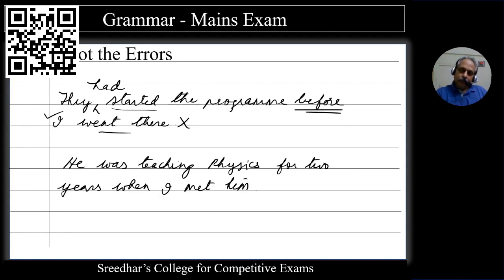I met him, that goes into the past. And here the clue for you, the time period. For 2 years. Whenever we mention the time period, remember we should not use past continuous. We have to use past perfect continuous. This sentence is wrong. He was teaching is not correct. He had been teaching. Past perfect continuous. He had been teaching physics for 2 years when I met him.